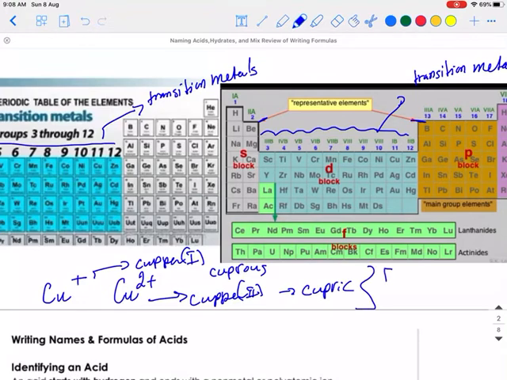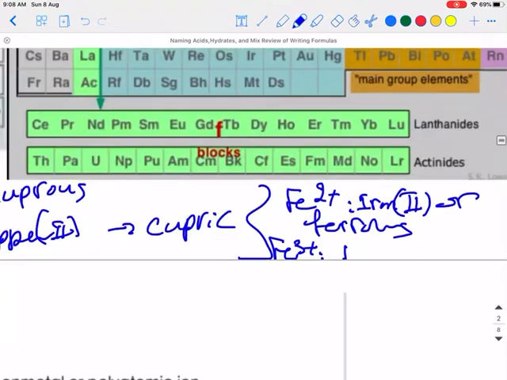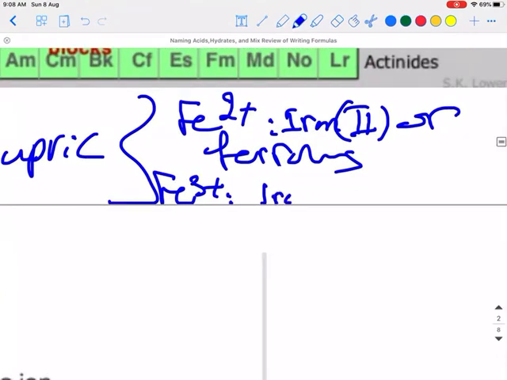Similarly for iron, it can be Fe2 plus, which is iron 2, or ferrous, Fe3 plus, iron 3, or ferric.